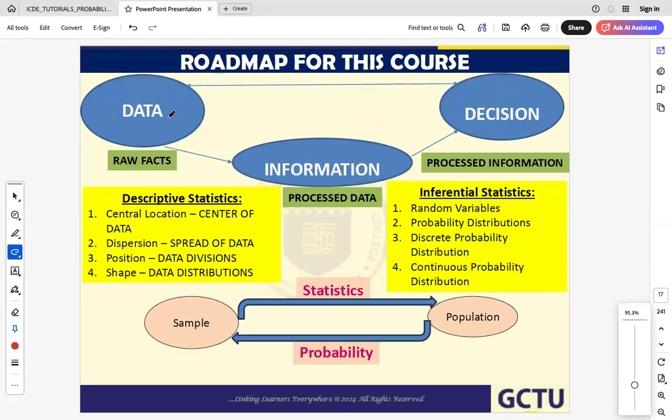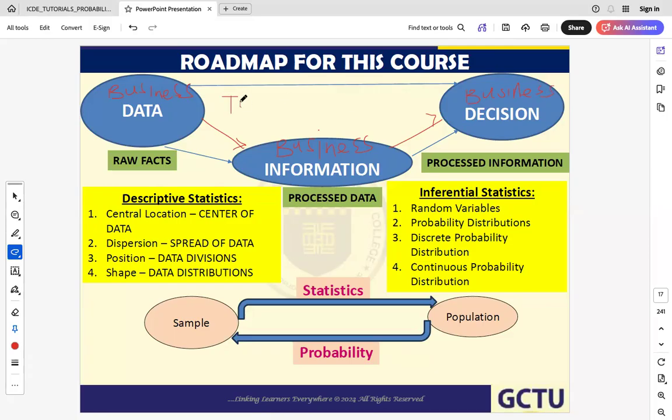And because we are business specific, we will transform business data into business information. Then we also transform the business information into business decisions.